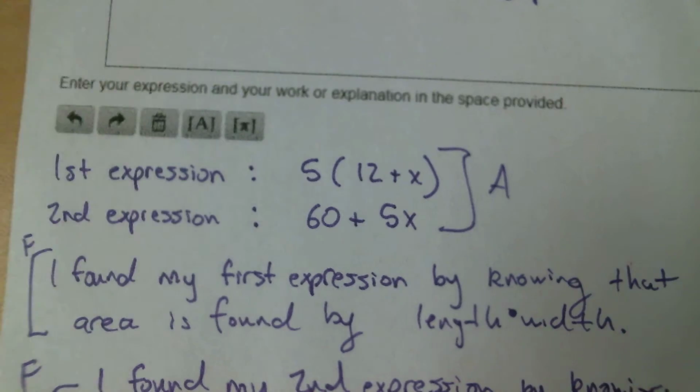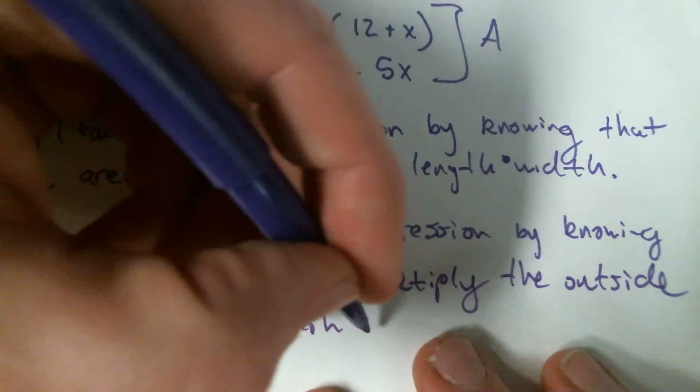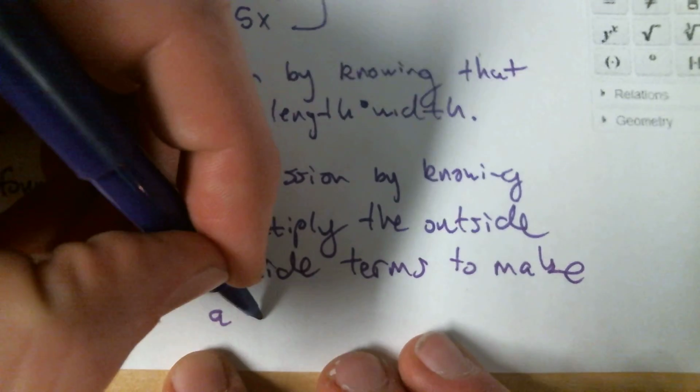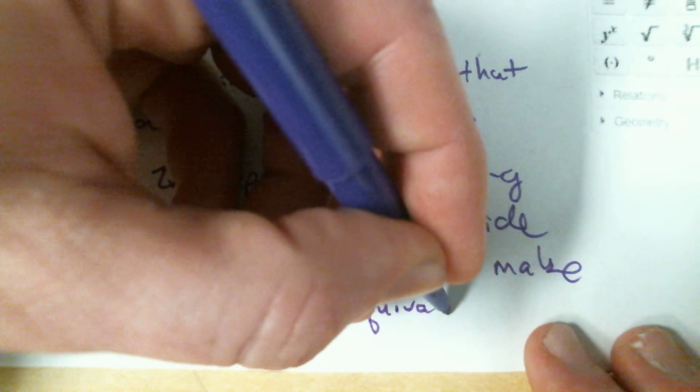So I could say I found my second expression by knowing that you can multiply the outside term by both inside terms to make a new and equivalent expression.